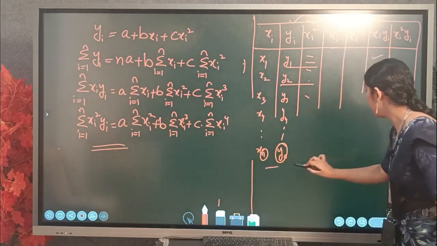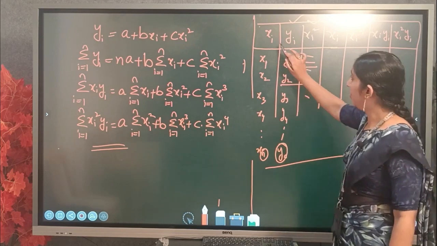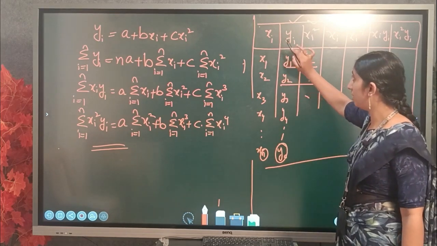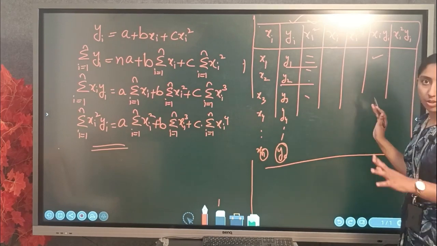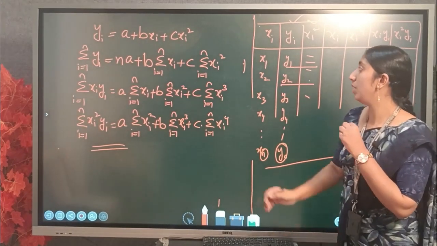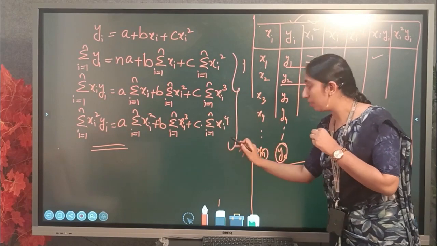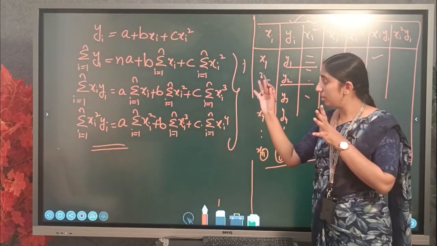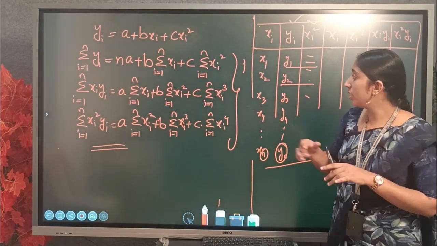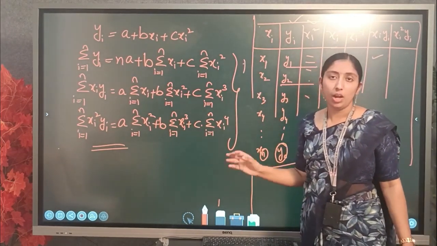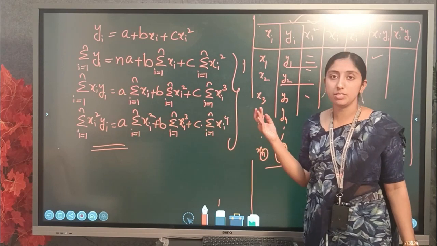After that you get some values like summation xi, summation yi, summation xi square, like that. You have to substitute all these values into these three equations. Then you will get these three equations in terms of a, b, c and constants, and you can solve these three equations and get the values of a, b, c.